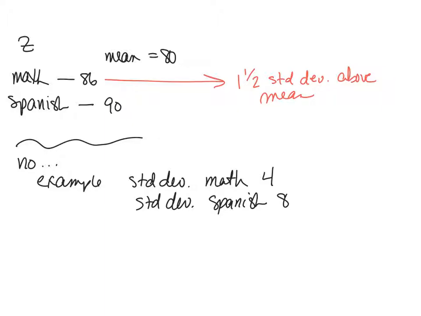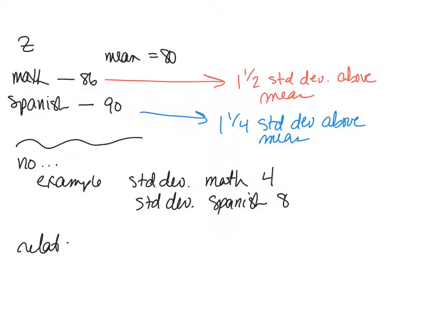And my score of Spanish is 1.25 standard deviations above the mean. So that means that relative to other students, I did better in math.